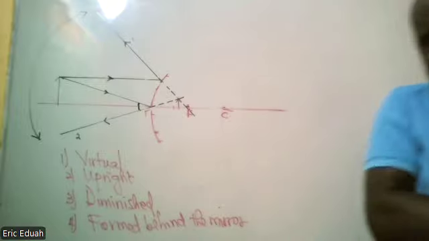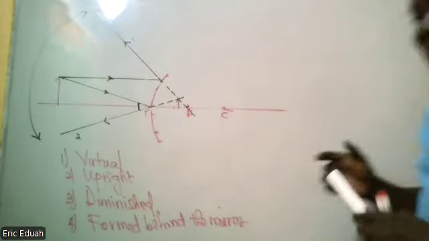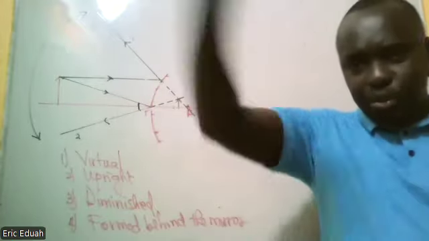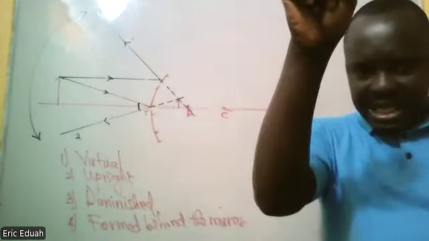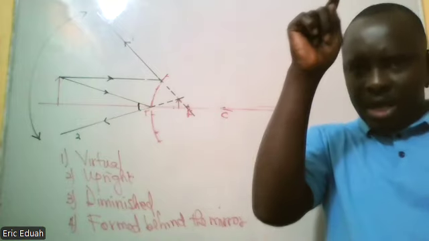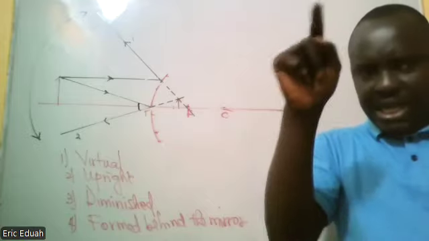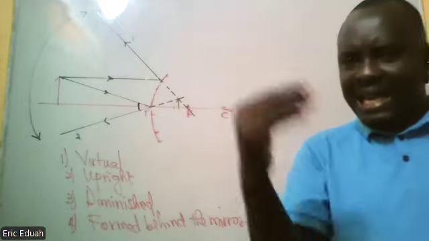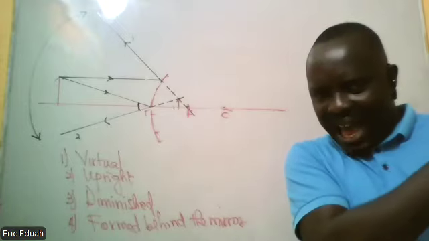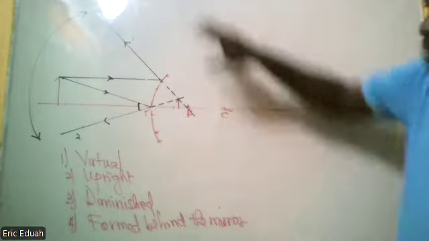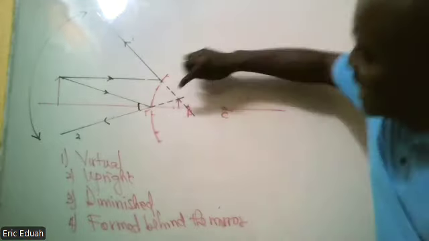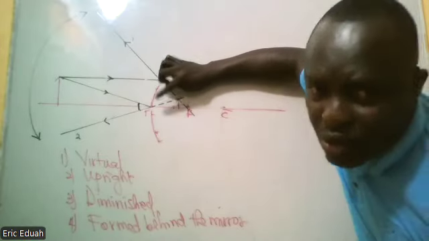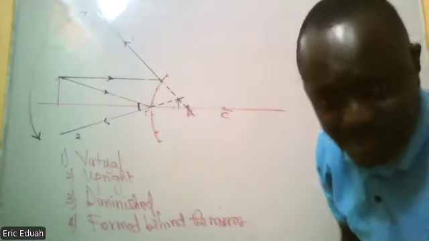And this is the reason for which the car side view mirror and the front view mirror have the inscription that objects seen in the mirror appear closer than they actually are. Meaning that in a convex mirror, the image position is always close to the mirror, no matter the position of the object.